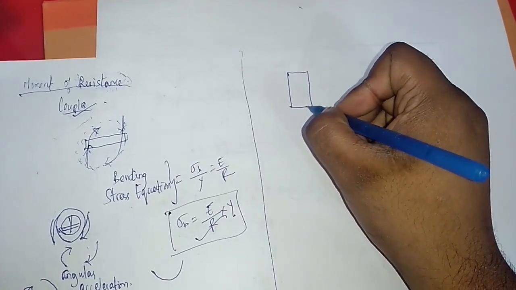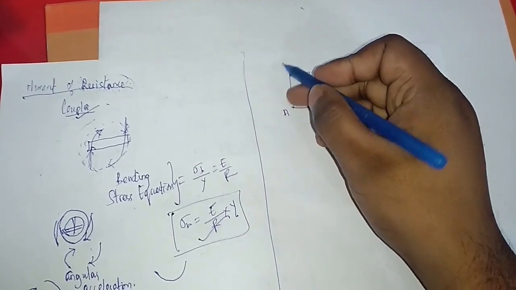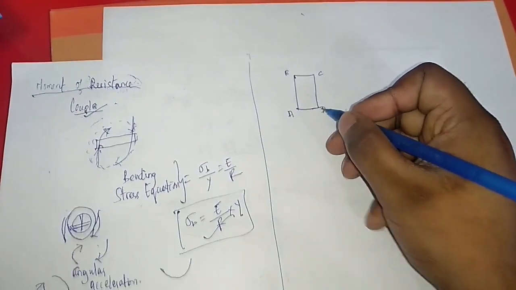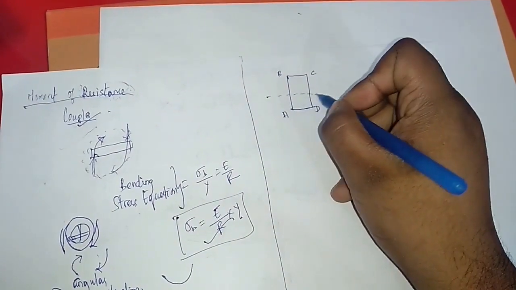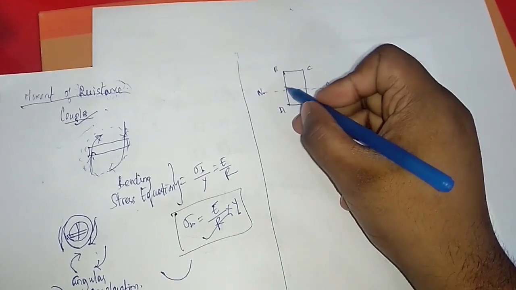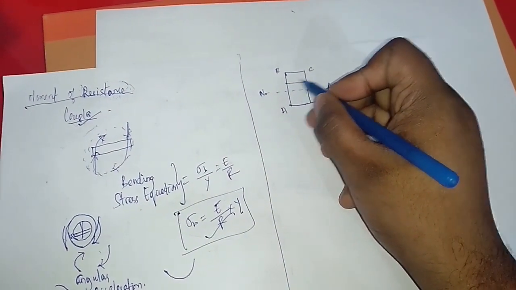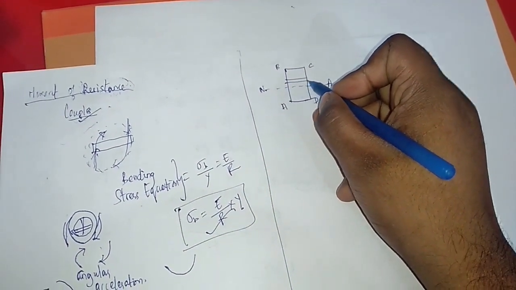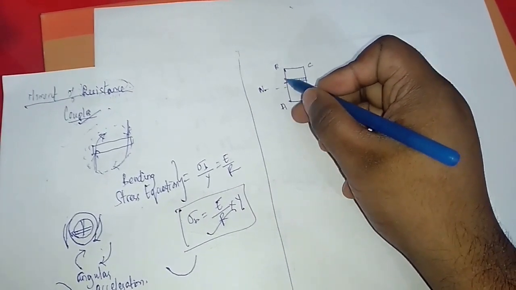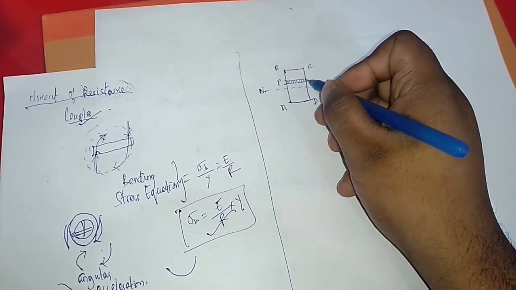So I'm going to name it as A, B, C and D. So this is your neutral axis and I'm going to consider a small strip. So in this strip only I'm going to find the moment of resistance. So I'm going to name this strip as PQ.